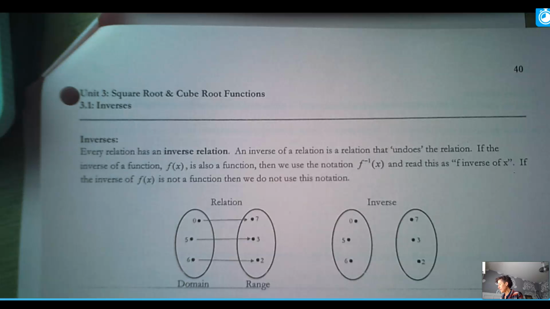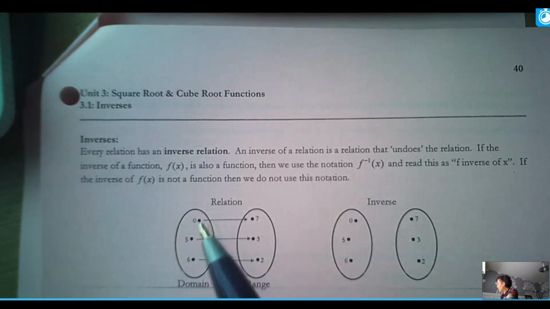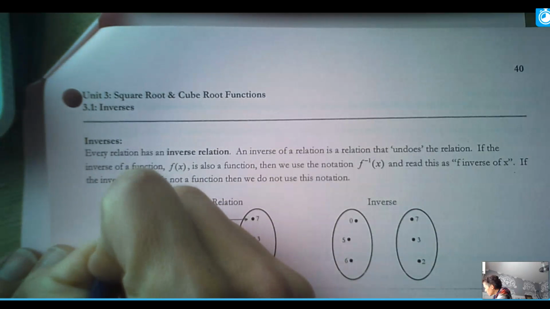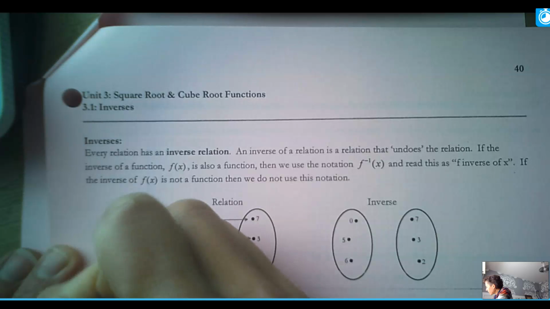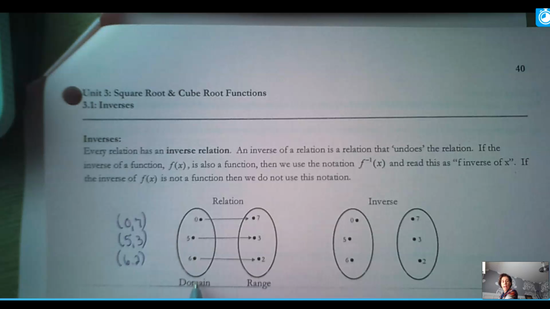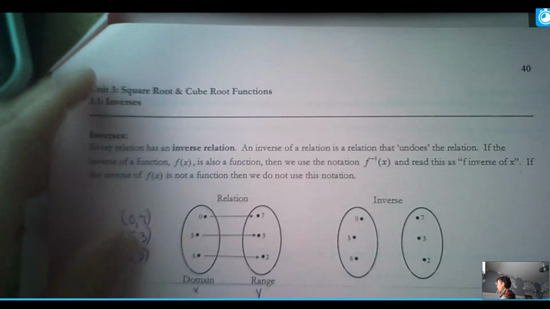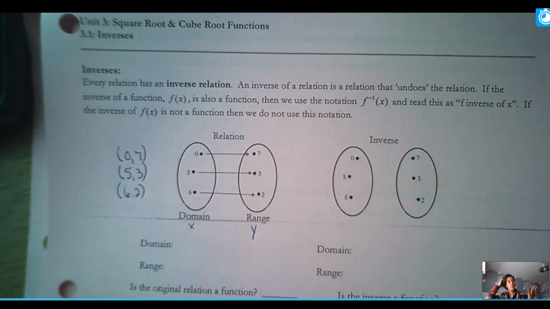Starting here, we have our relation, a set of ordered points. I could also write them like this: (0, 7), (5, 3), and (6, 2). Remember, domain is typically the x, and range is typically the y. In the inverse, we start to undo things. Everything becomes the opposite of what it was.